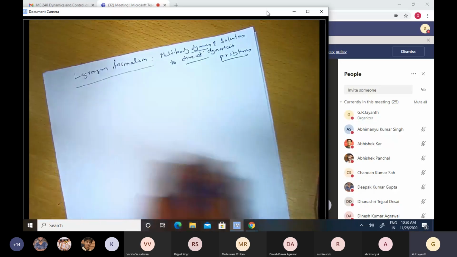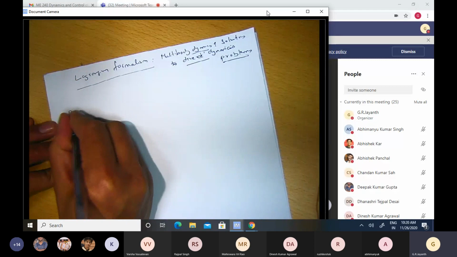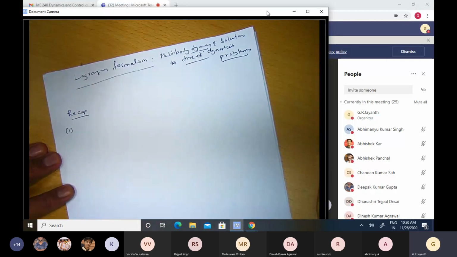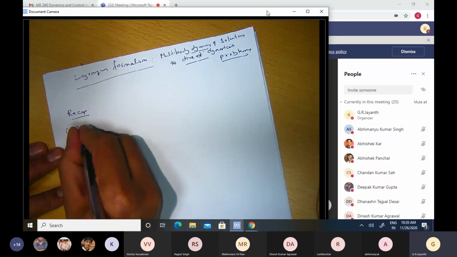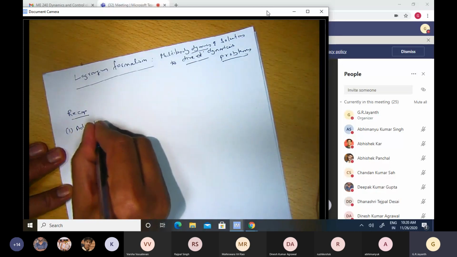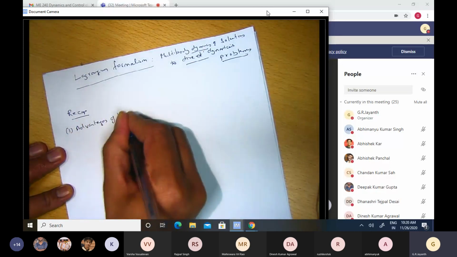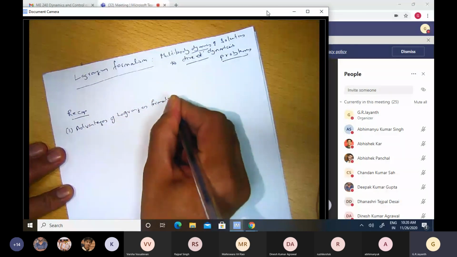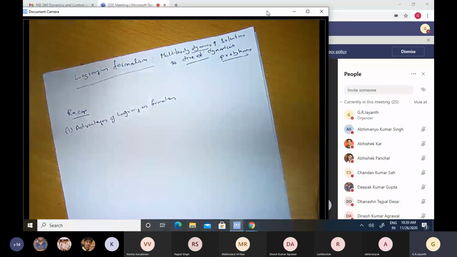Okay, so as part of recap, we note that we started the previous lecture by discussing the advantages of Lagrangian formalism. We noted that in the procedure that we adopt to obtain the dynamics of a system, there are two parts.